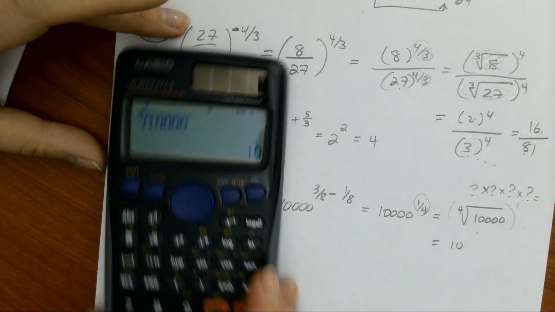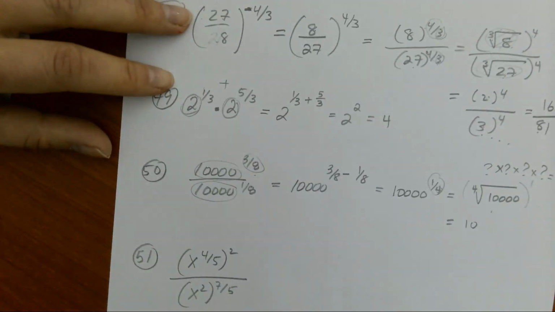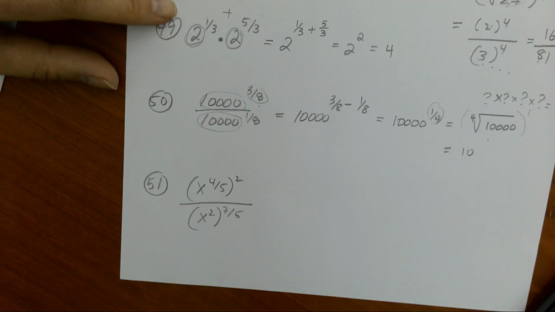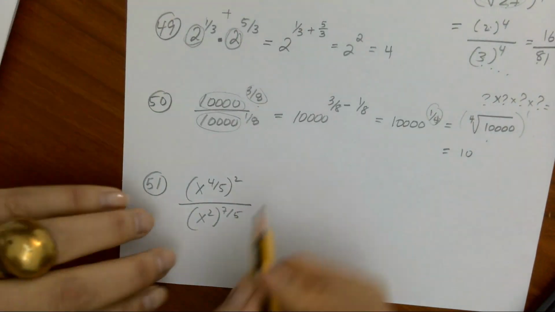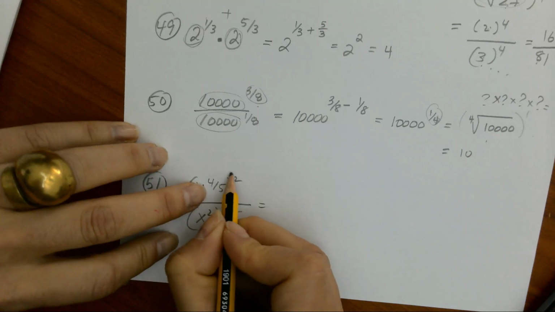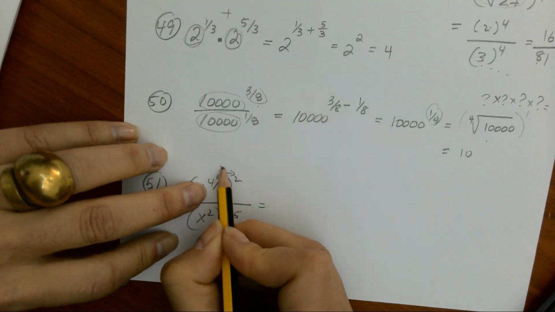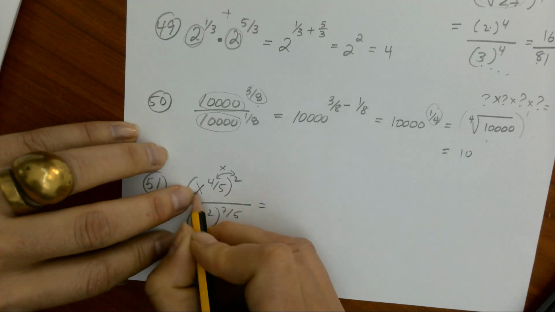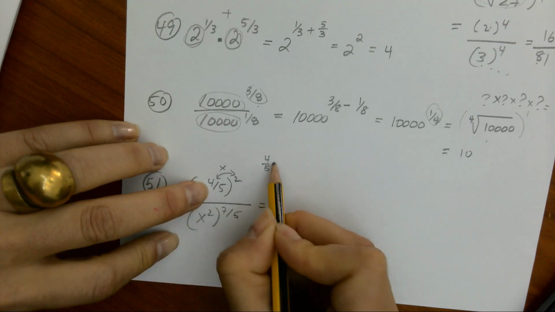Now, let's look at the last one now. Okay. So when we have something with a power here, the rule of the exponents is I multiply them. So really, I'm going to go 4/5 times 2.